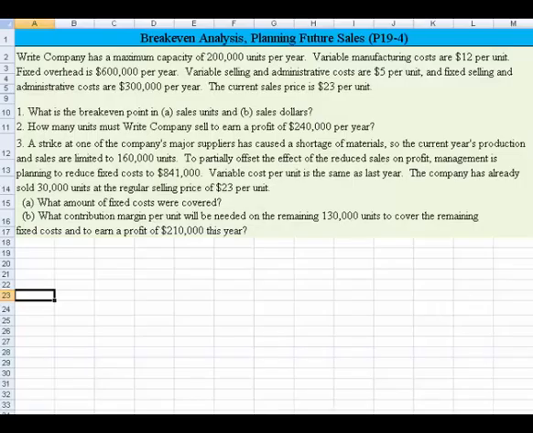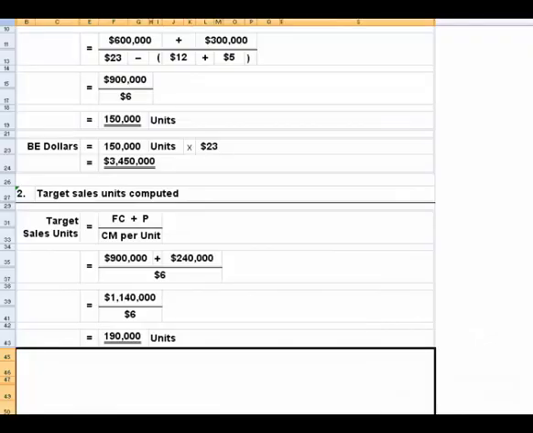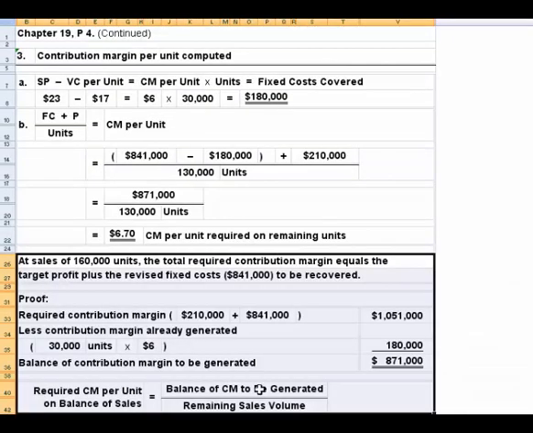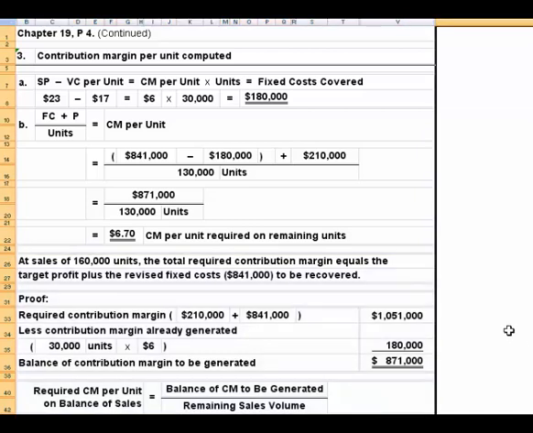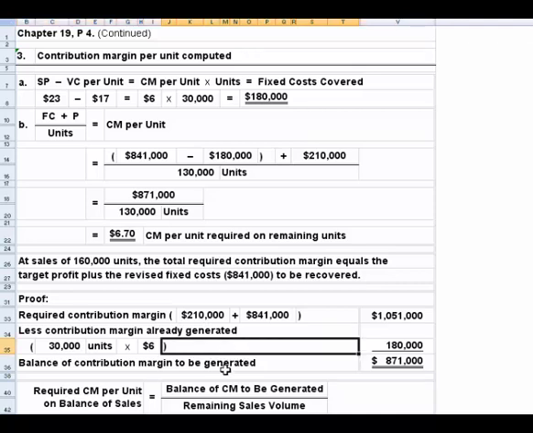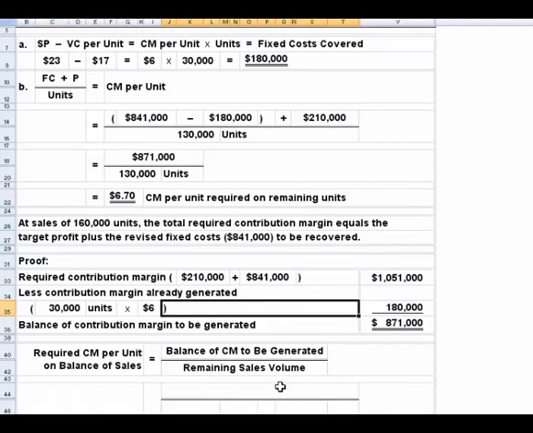Now, just a little narrative on this one. At sales of 160,000 units, the total required contribution margin equals the targeted profit plus the revised fixed cost. That's the 841,000. Then the proof is shown here. Take the required contribution margin of 210 plus the 841, you come up with 1,051,000, less the contribution margin already generated, 180,000.